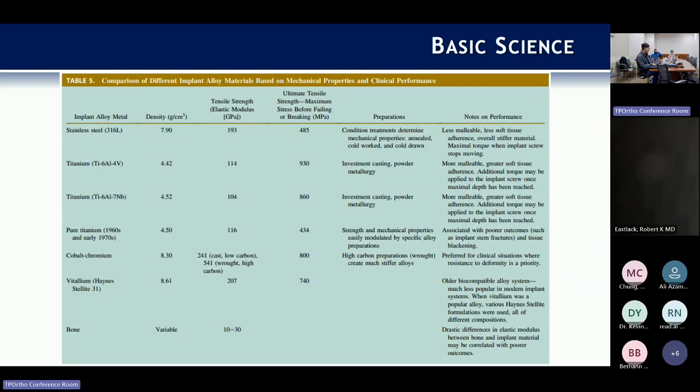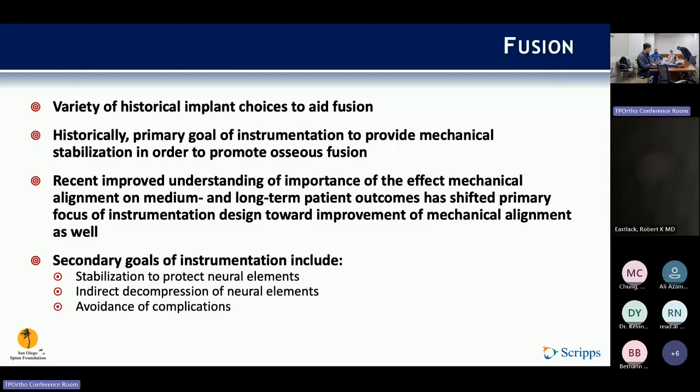Again, this is a graph going into some more details on the mechanical properties of these different metal alloys as well as bone. So in terms of fusion, there have been a variety of historical implants to aid in bony healing and arthrodesis. Our primary goal of the instrumentation is to provide essentially temporary mechanical stabilization in order for the osseous fusion to happen.